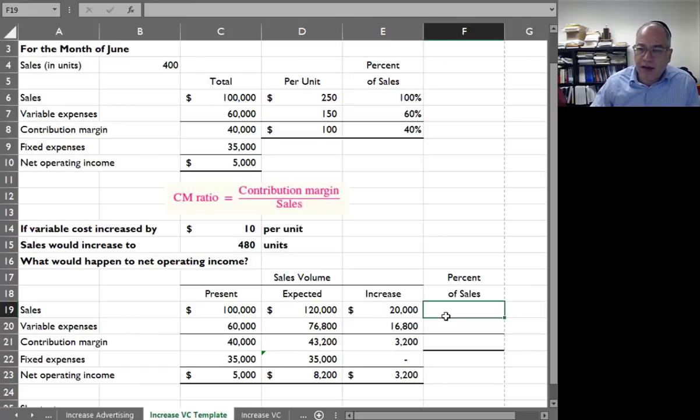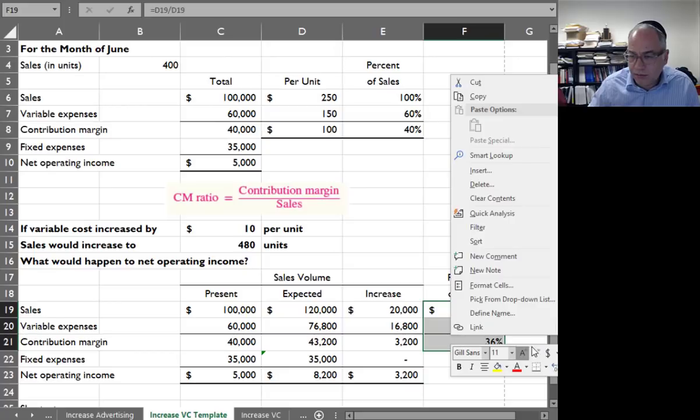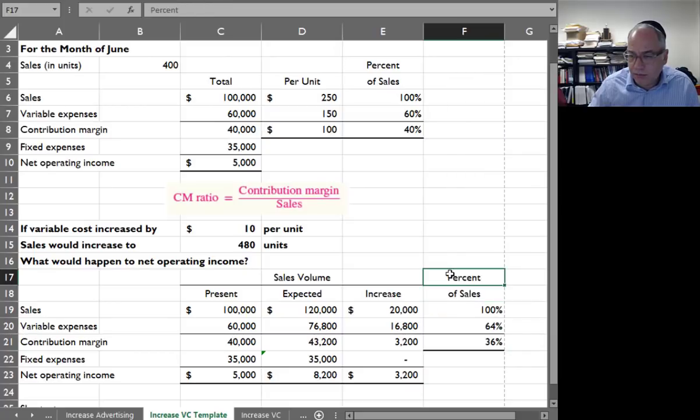And you might be interested here in the percentage of sales and how it's going to change. This would become 120. There you go. That would be your percentage of sales and how it would change.